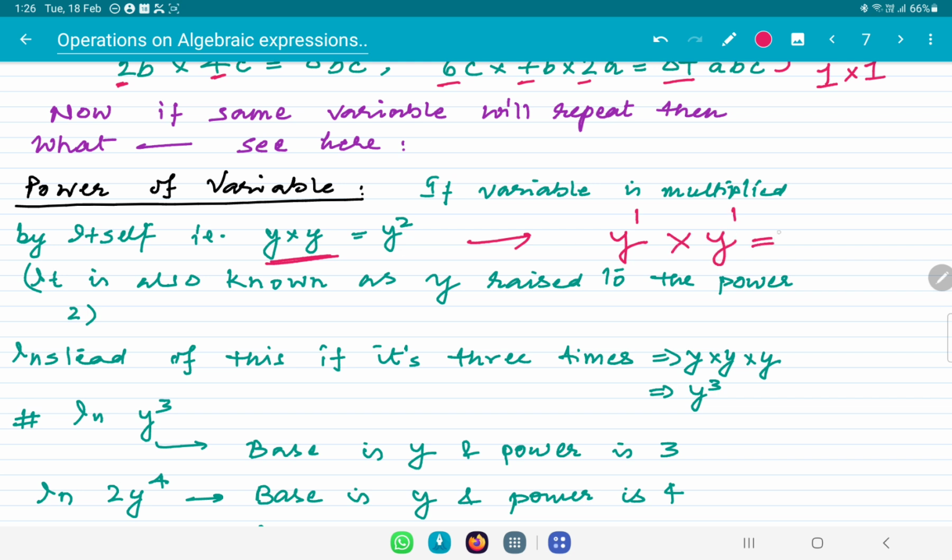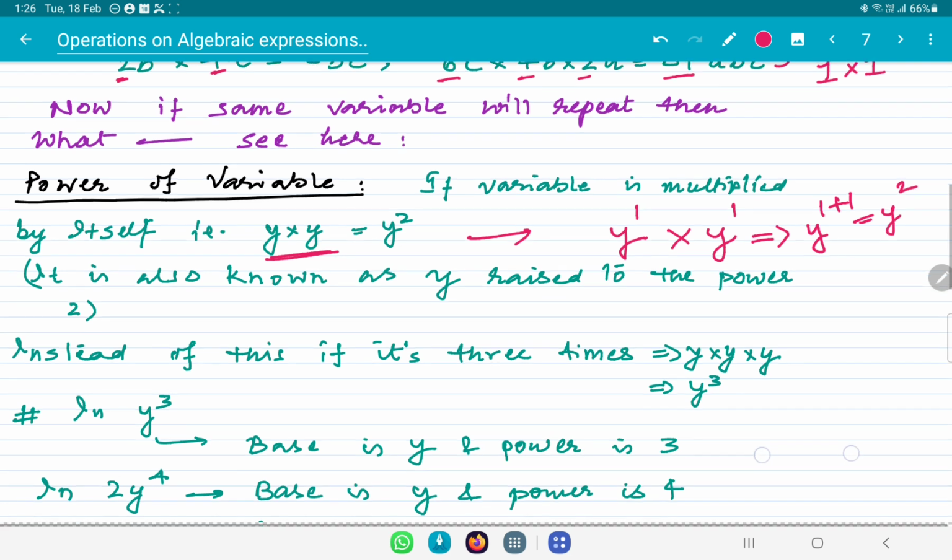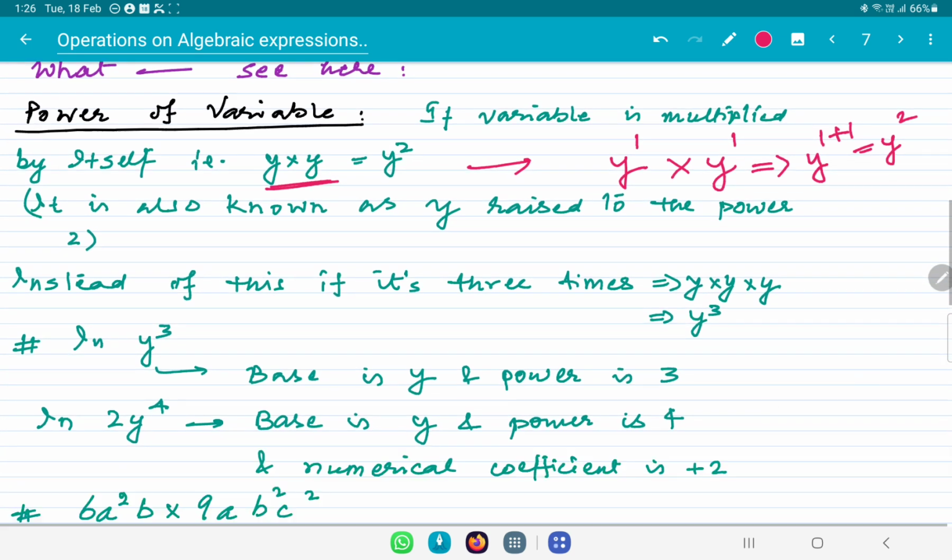As we know through exponents, and I will explain exponents further also, according to exponent rules, powers will add up provided the bases are the same. So 1 plus 1, it will become y raised to the power 2. It is known as y raised to the power 2 or y square.